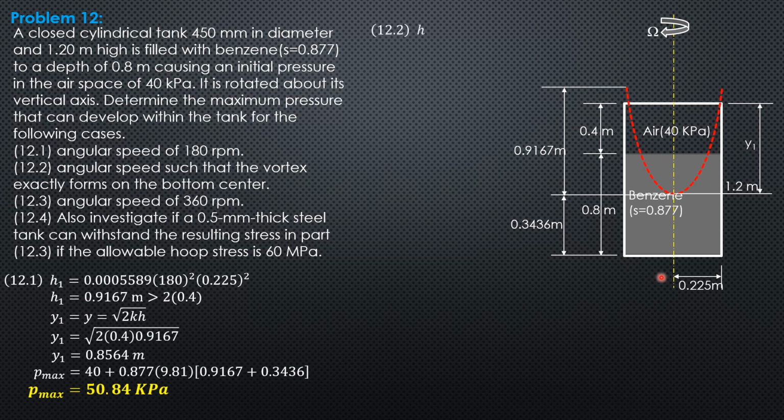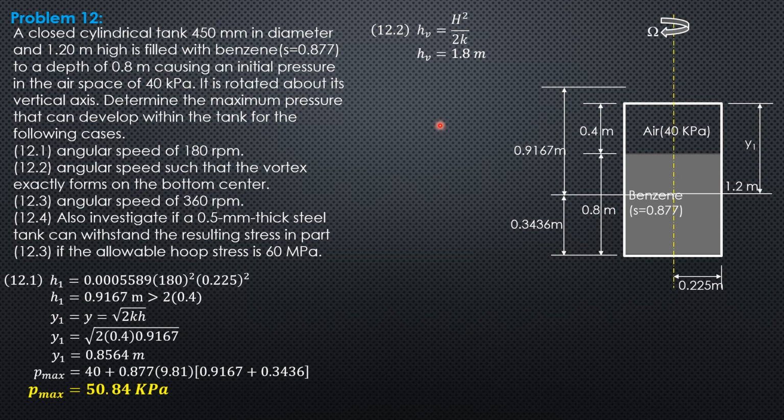For the second question, angular speed such that the vortex exactly forms at the bottom center. That's the paraboloid with vortex exactly on the bottom center, given by the formula which I also derived: capital H squared over 2k, where H is 1.2 and k is 0.4. If you compute 1.2 squared divided by 2 times 0.4, it gives us 1.8.